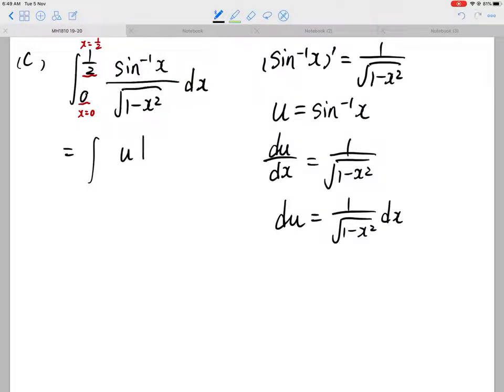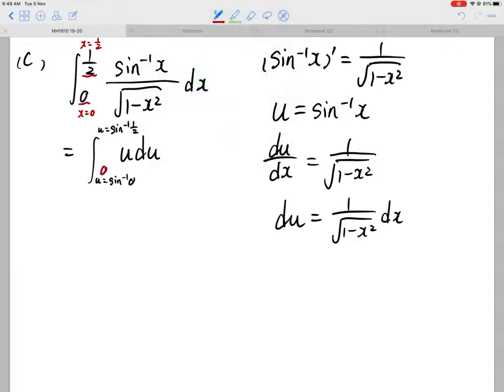Right, and here we want u from something to something. So now u is sine inverse x, right? So now u is sine inverse 0. And here x is half, u is sine inverse half. Okay, then sine inverse 0 is just 0.